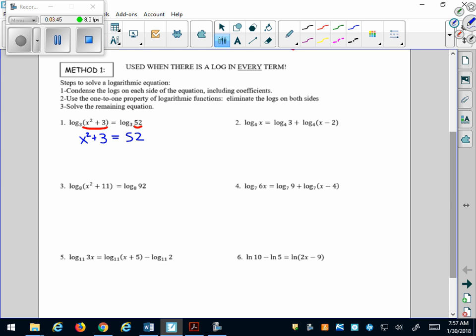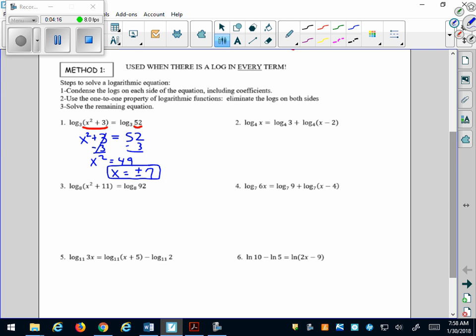Does that make sense? So then you know how to solve this. Subtract 3 from both sides. x squared equals 49. And what's x? Plus or minus 7. If you have x squared equals 49, you're going to have plus or minus 7. Two answers.